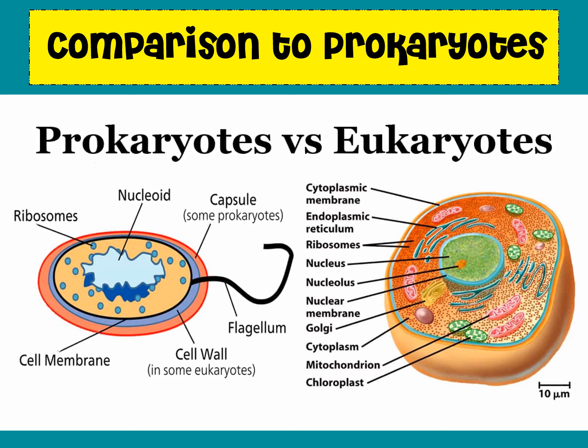That's about as simple as you can get. If you take a look at the picture to the right and you see the eukaryotic cell, you can see there are a lot more parts to the eukaryotic cell. They're definitely more complex, and they do have a home for the DNA called a nucleus. So those are some of the big differences that you see between the two.